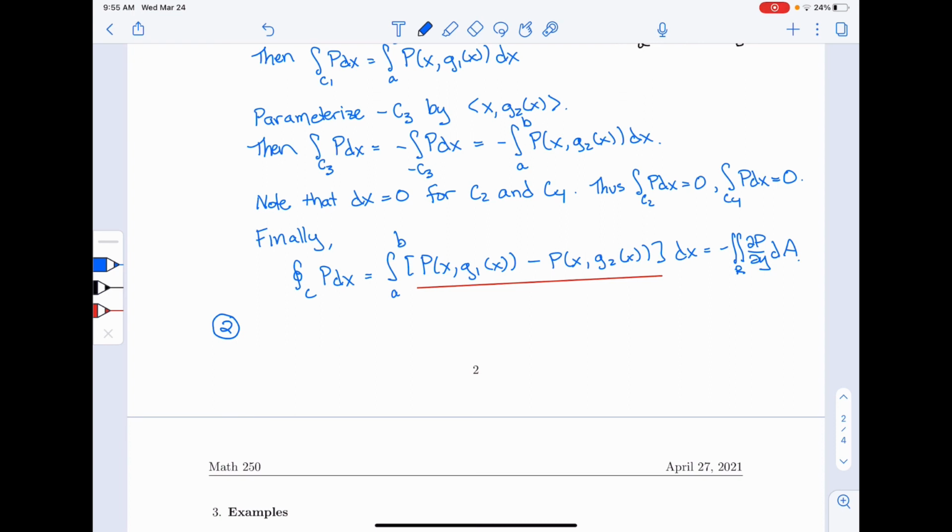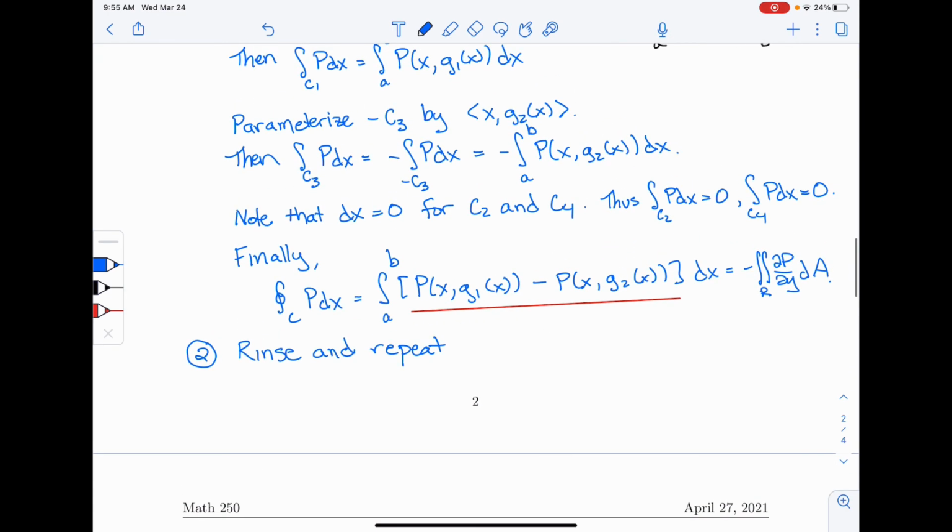So I'm not going to go through all the details. I call this a shampoo proof because I always say rinse and repeat. And then I'm going to rinse and repeat with a type 2 region. Okay, and that will prove 2.